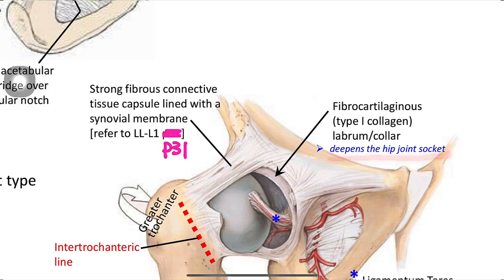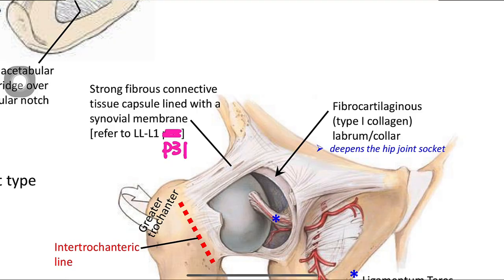You have a shallow socket, then with the labrum you have a deeper curvature to keep the head of femur inside the joint cavity, okay?